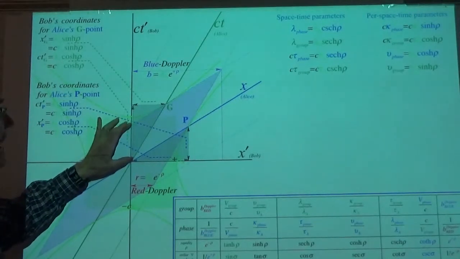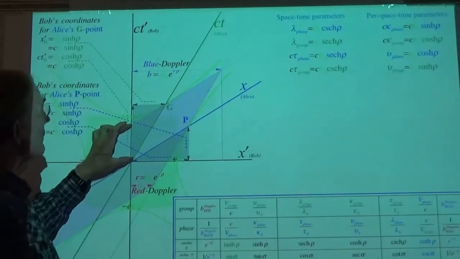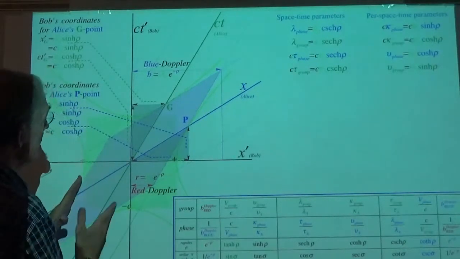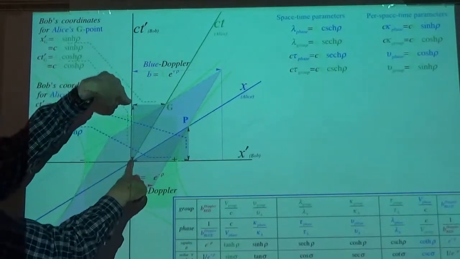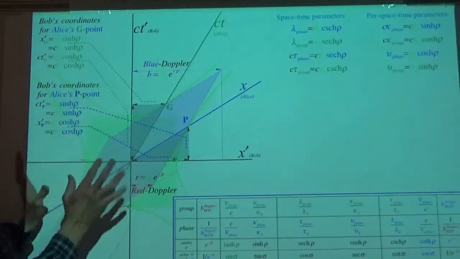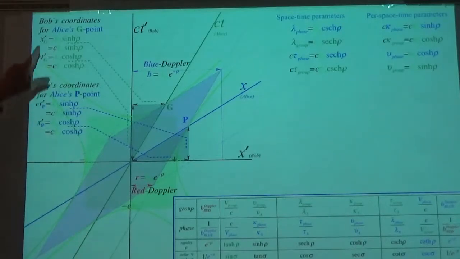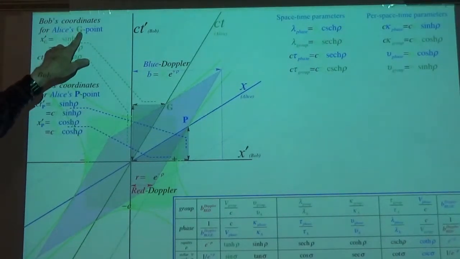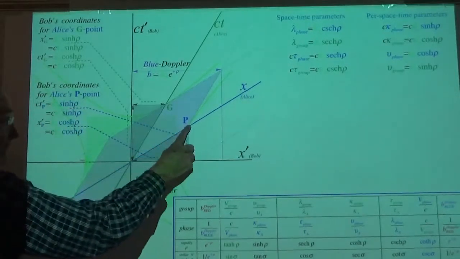There is the tau of the phase right there, and then the tau of the group, these guys, you see, have a different period, which is right there. So that is the quick way to see the geometry of these. Compare it to Bob's coordinates of Alice's G point and Bob's coordinates of Alice's P point right here.